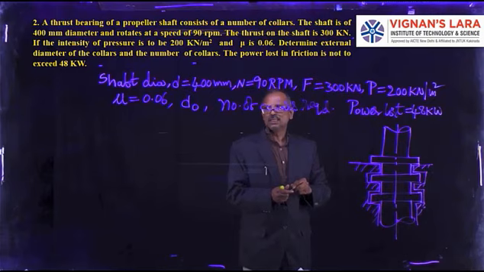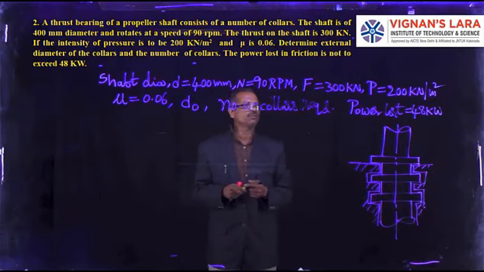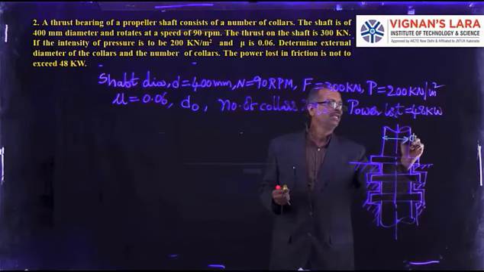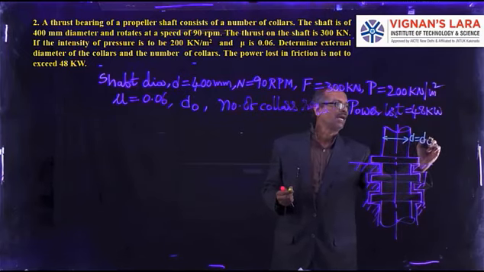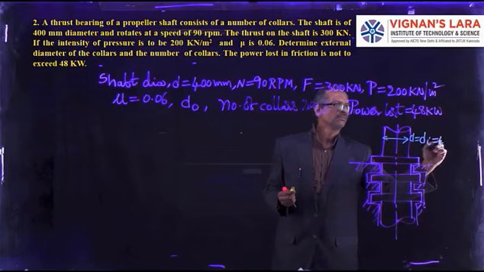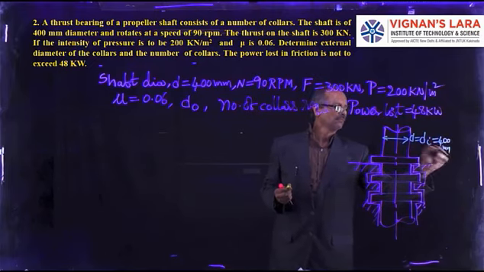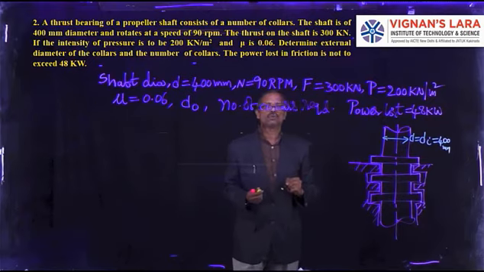So here what is given, let us see. Shaft diameter is 400 mm. That means this is D, or I can call it Di, which is 400 mm.